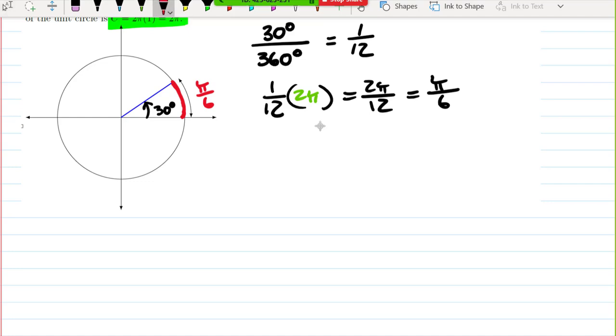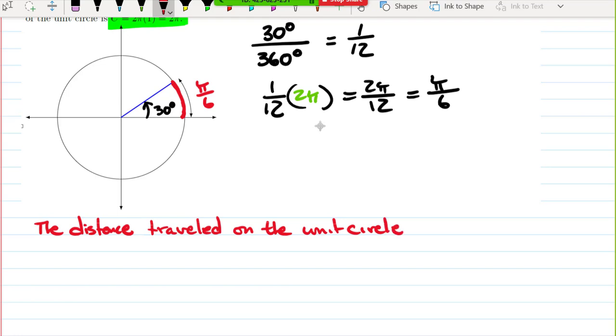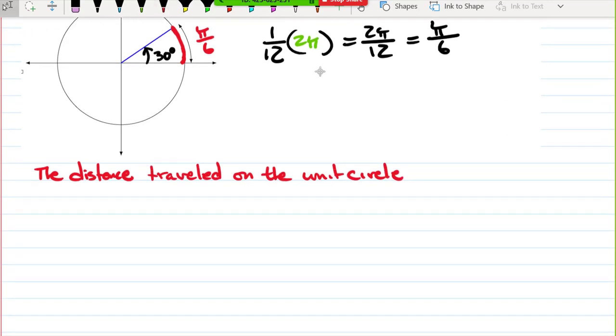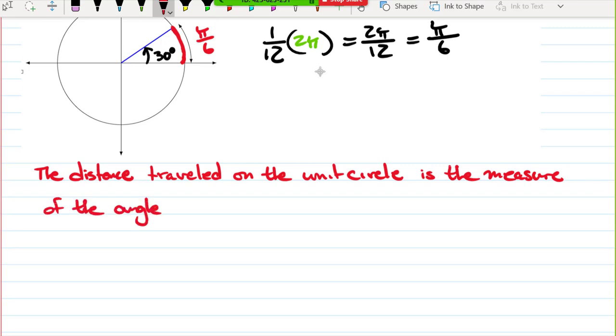So the distance traveled on the unit circle is the measure of the angle in radians.